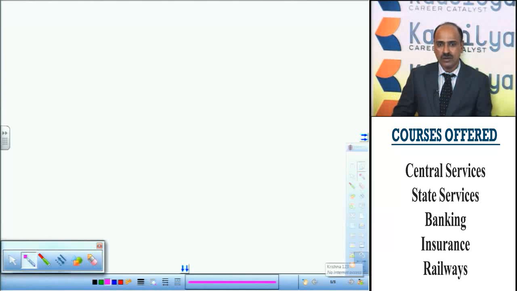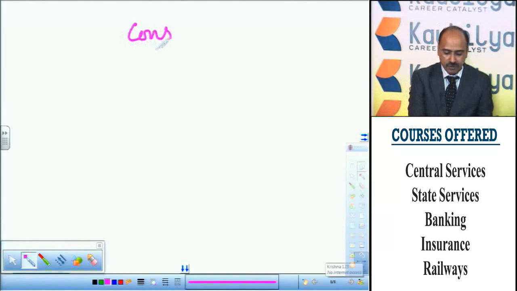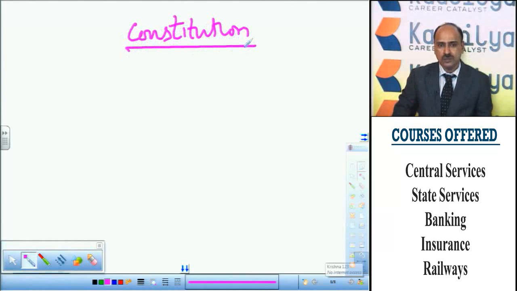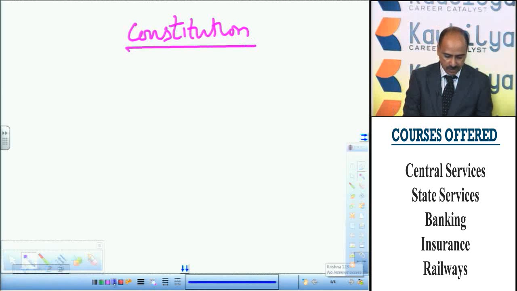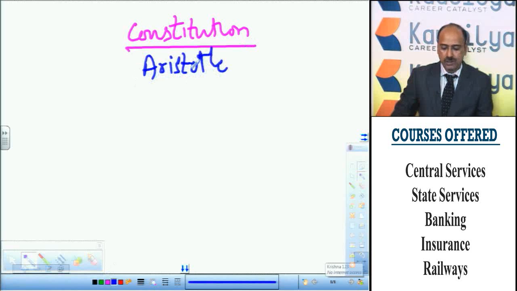An overview of the Indian Constitution. First, we have to know the meaning of Constitution. The word Constitution was first used and defined by Aristotle, the great Greek philosopher and statesman.